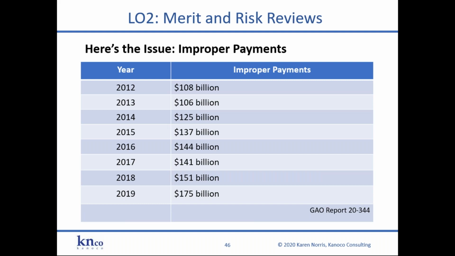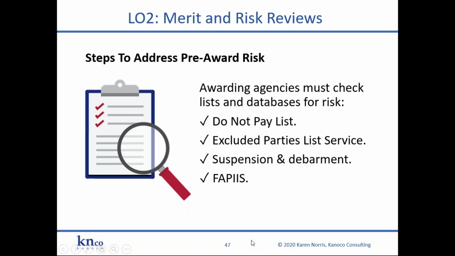It is remarkable the amount of money that's improperly paid. So there are steps to address pre-award risk, and the awarding agencies are going to be checking out the applicant and their past performance and everything we've talked about. They're also going to look at these do not pay lists, the excluded parties list service, the suspension and debarment list, and this FAPIS database.